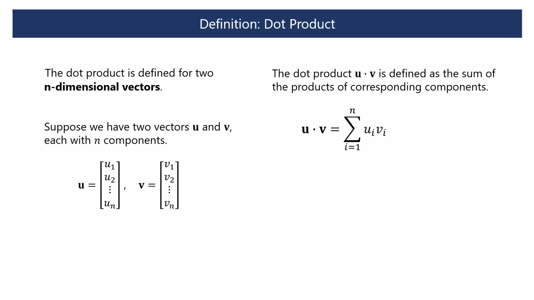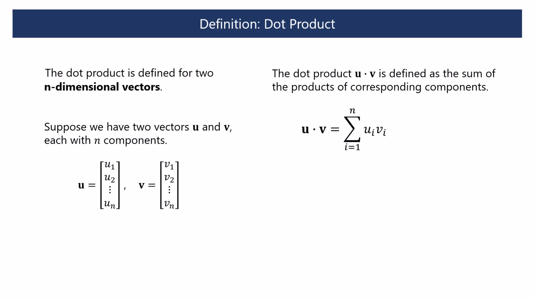Now, let's take a closer look at the formal definition of the dot product. The dot product is defined for two n-dimensional vectors. Suppose we have two vectors, u and v, each with n components. We can write them as column vectors in this way.